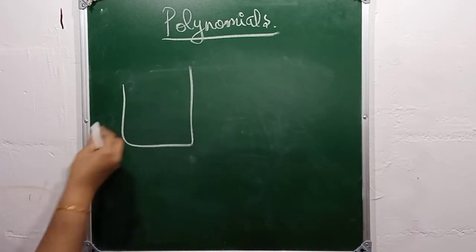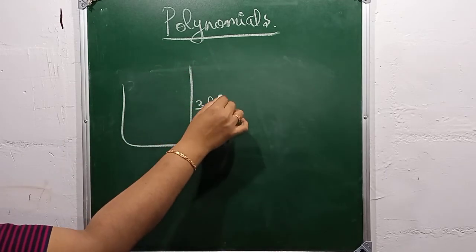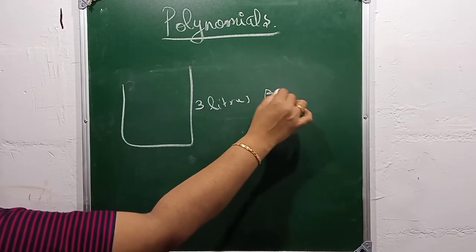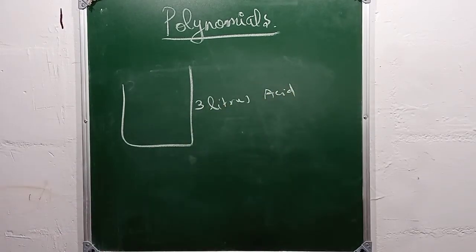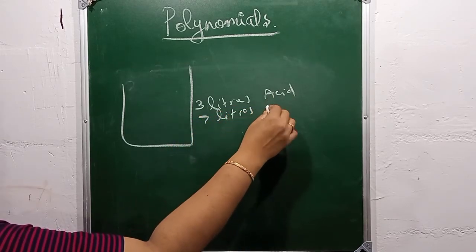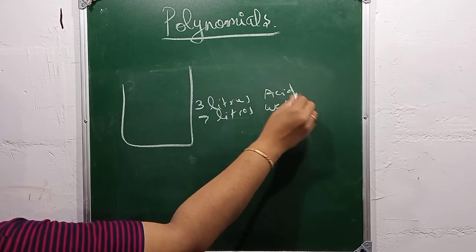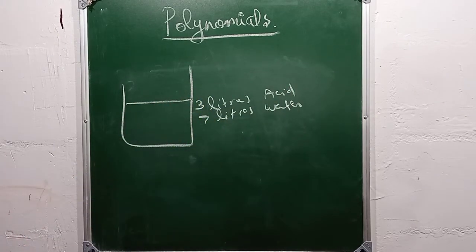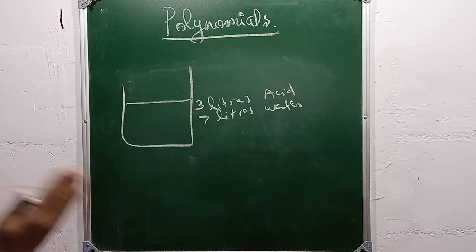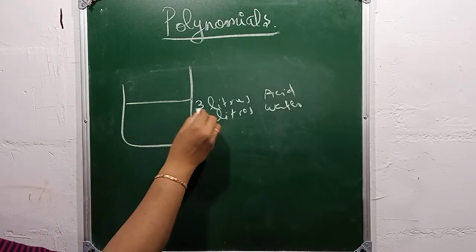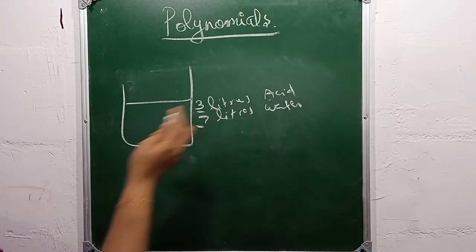In this vessel, 3 liters of acid and 7 liters of water. So what is the total amount of the solution in this vessel? The total amount of solution, that is 3 liters of acid and 7 liters of water.